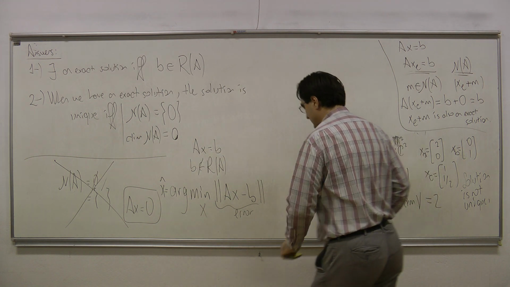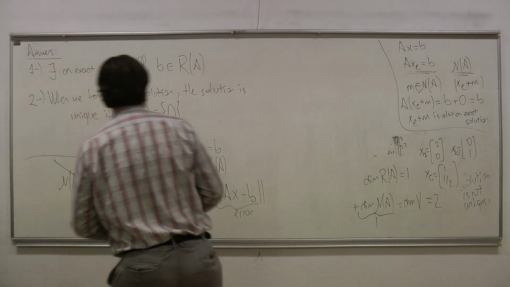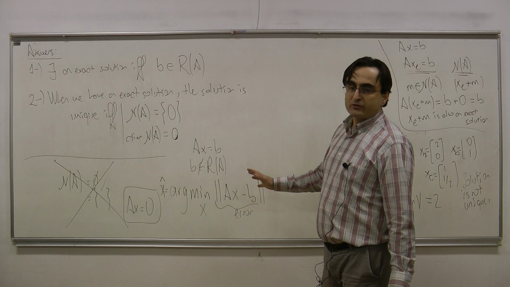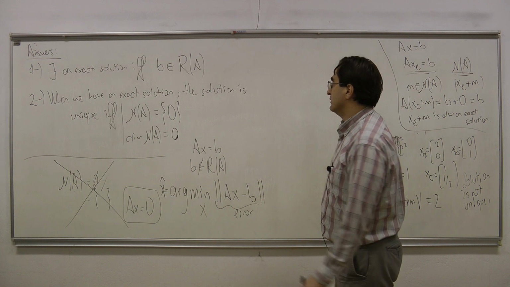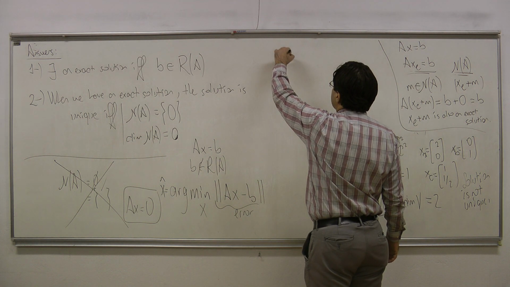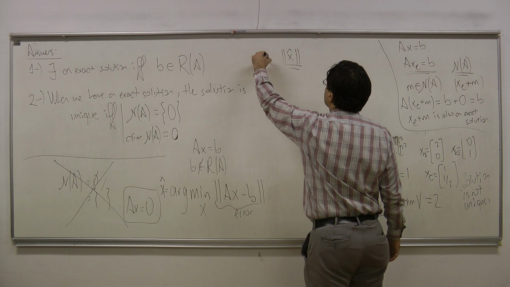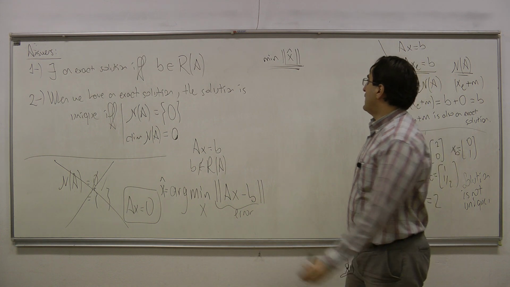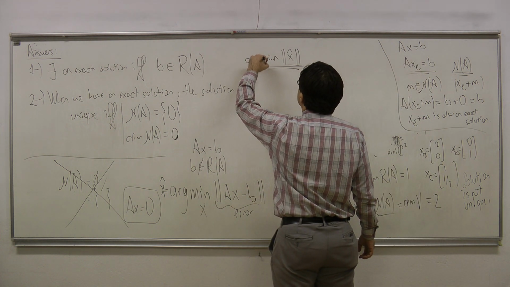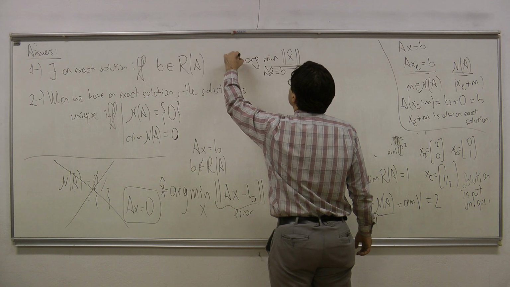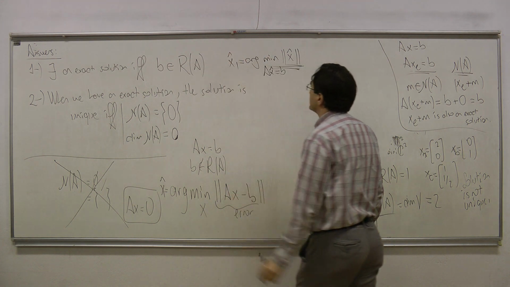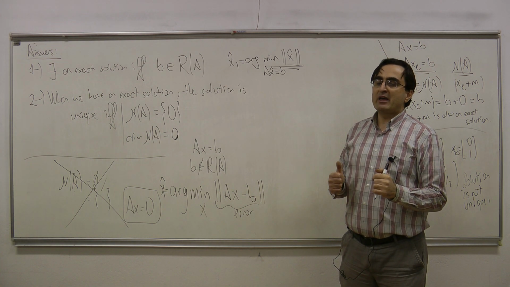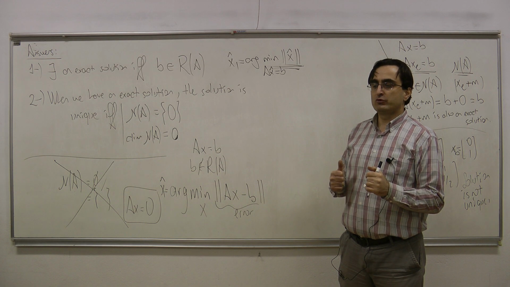When we don't have uniqueness among the minimum error solutions, we are going to try to select a very, very specific one. And we're going to try to select the minimum error solution with minimum norm. Okay? And the argument of this minimization is going to be called x-hat 1. And this is going to be called the unique minimum error, minimum norm solution.